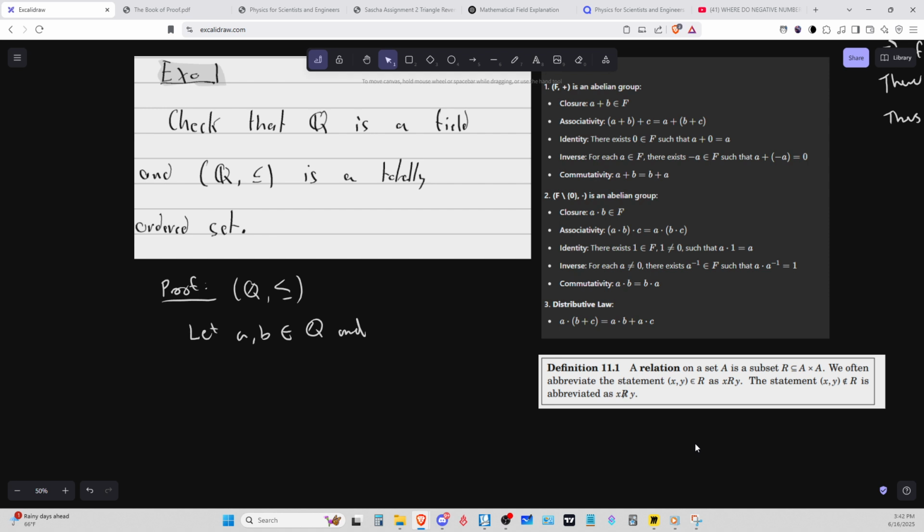Let's see, a relation on a set A is a subset R, often abbreviated. Okay, so that's the definition of a relation.